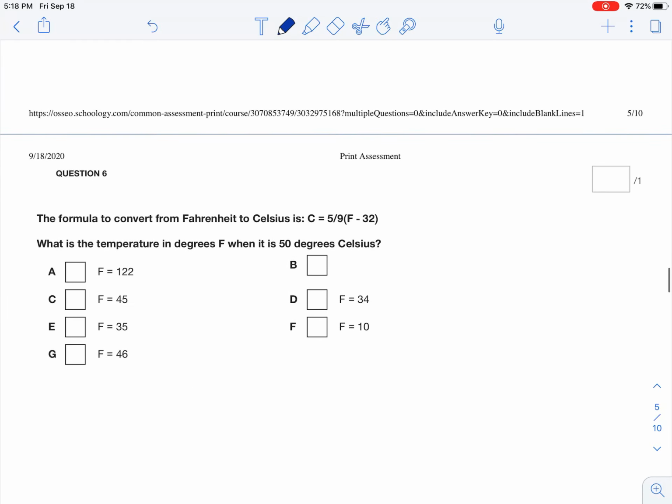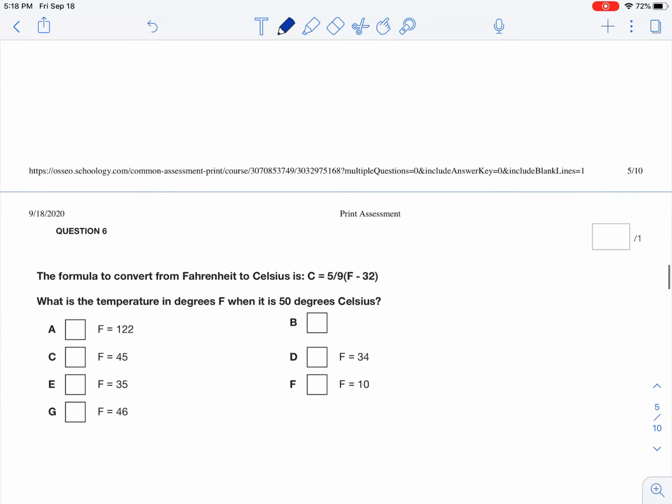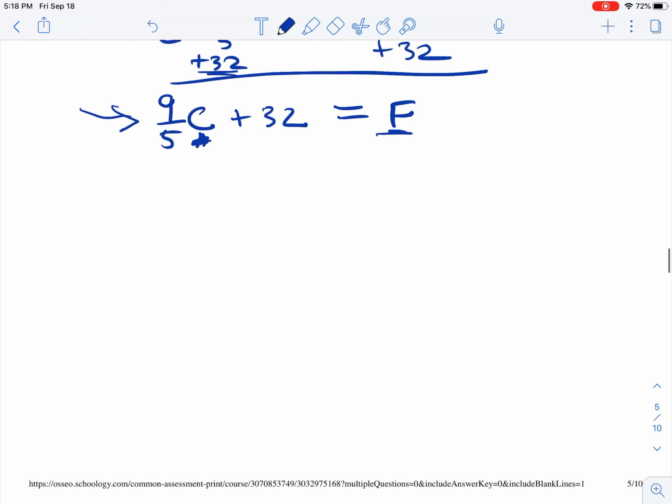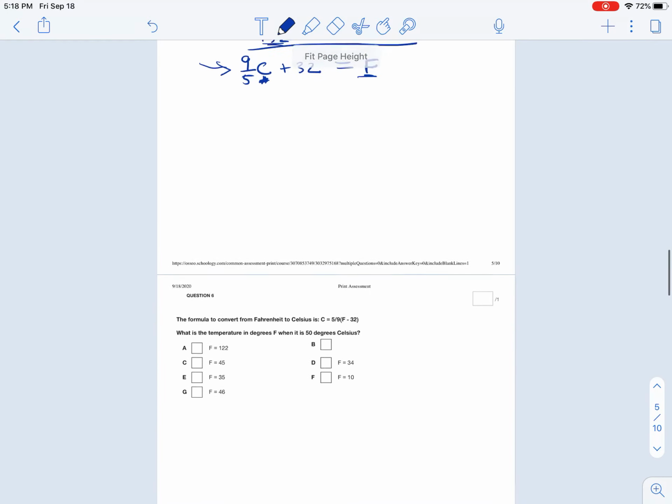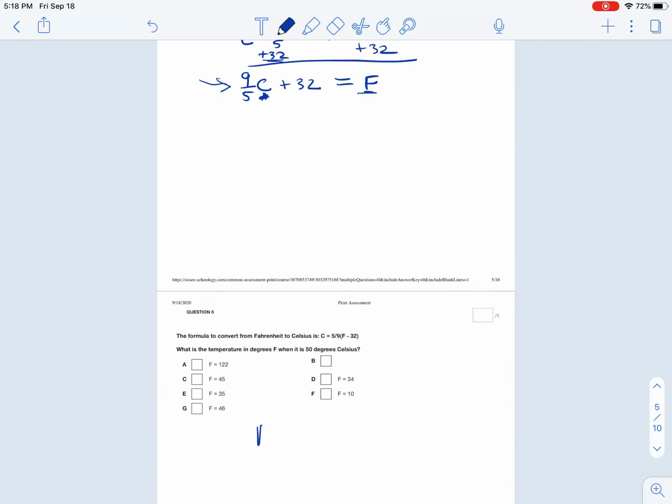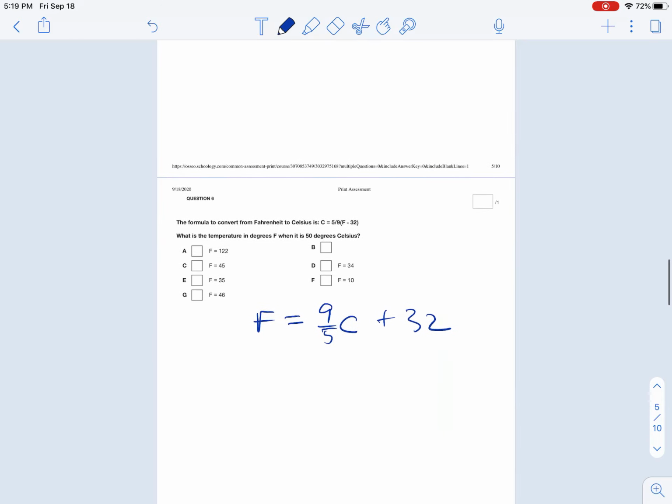Okay, so what we would want to do then, a real quick way, is remember what this equation is, that F equals 9/5 C plus 32. You just solve for that.